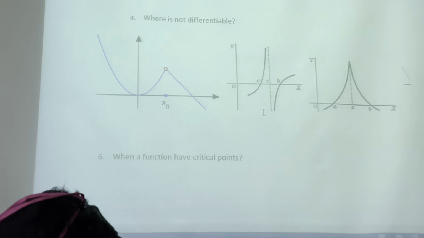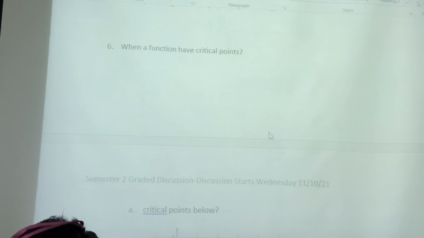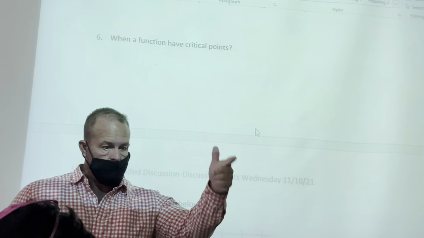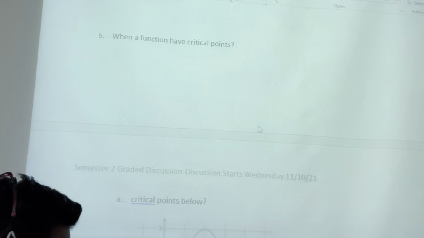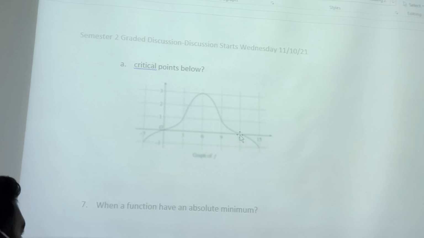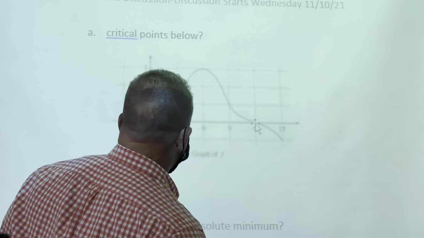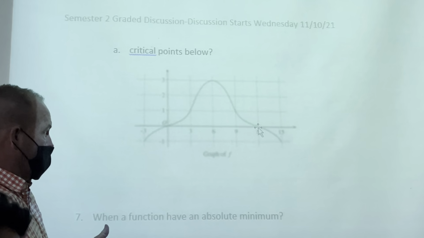Okay? Number six, a function has a critical point where f prime is equal to 0 or f prime is undefined. No more words, no less words. Looking at this, the critical points, we're going to have to call this f or f prime.